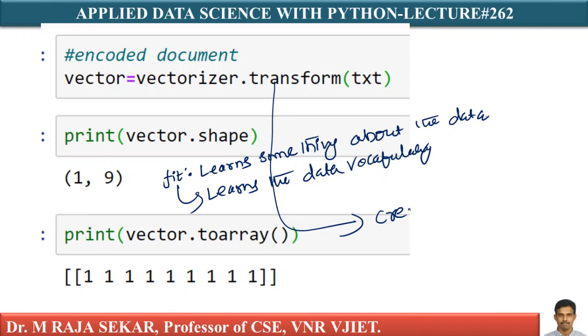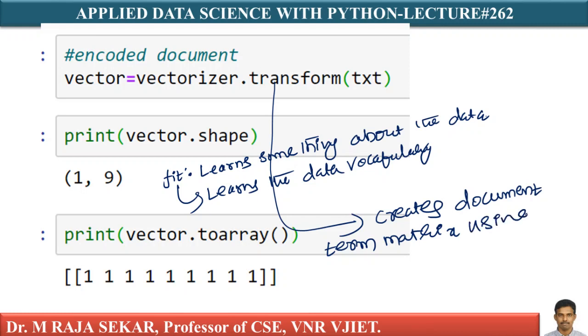Transform creates document term matrix using vocabulary. Fit learns something about data, and transform uses what it learns, isn't it?